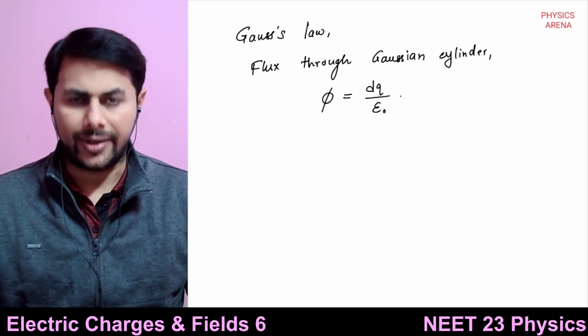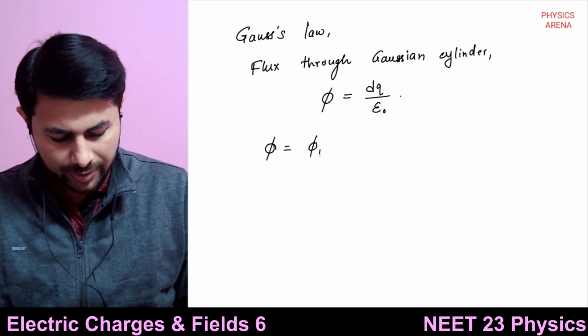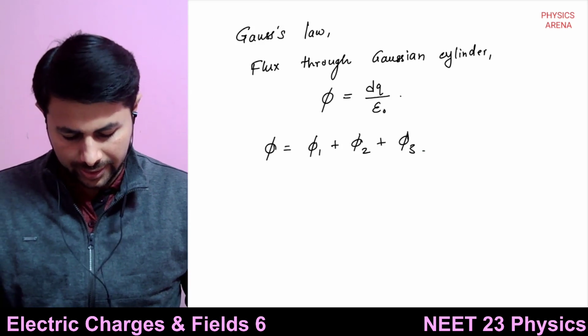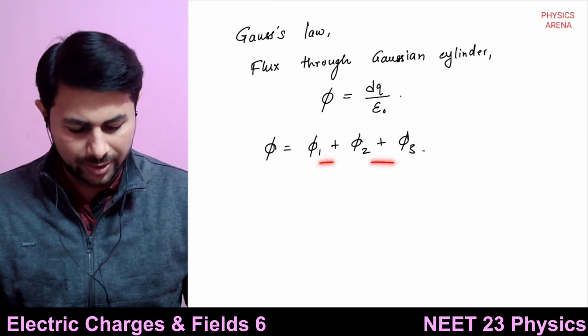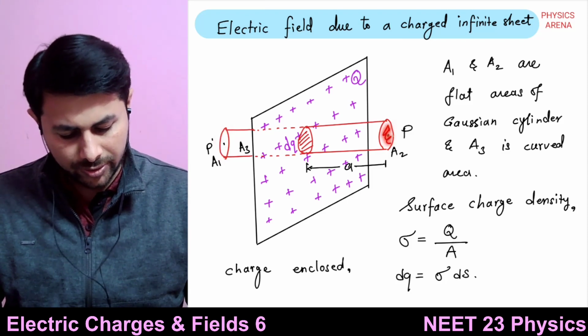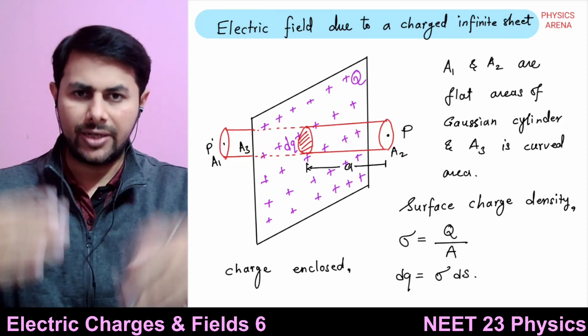Now, how much is phi? Phi is equal to phi 1 plus phi 2 plus phi 3. It is the flux through area A1, plus the flux through area A2, plus the flux through the curved area.